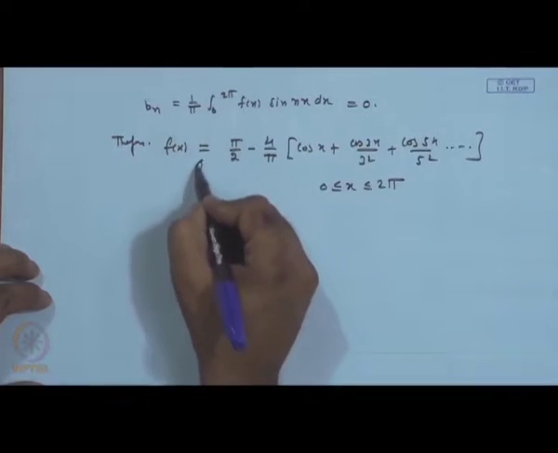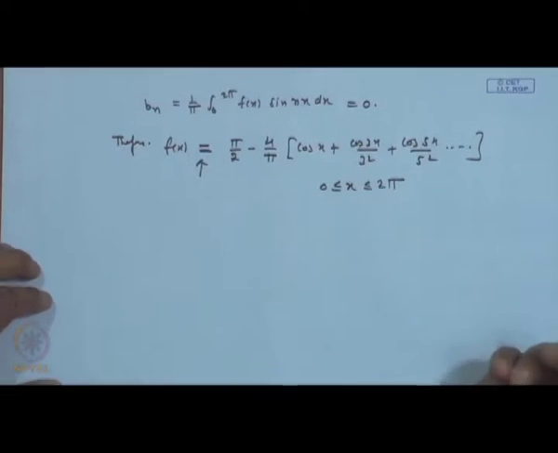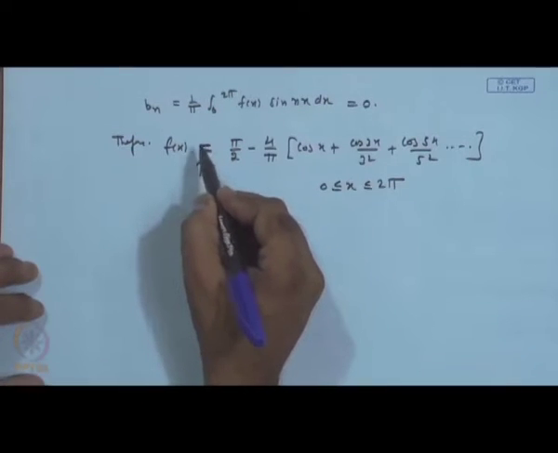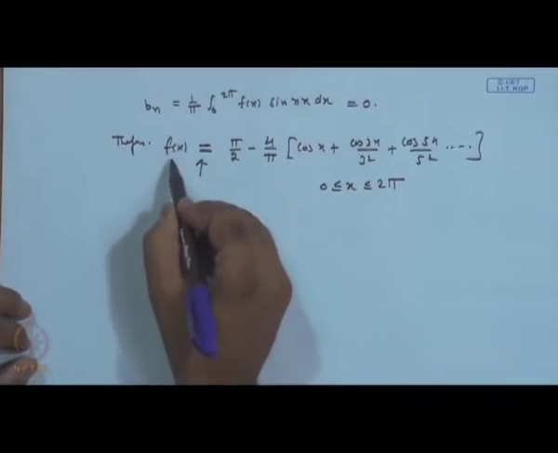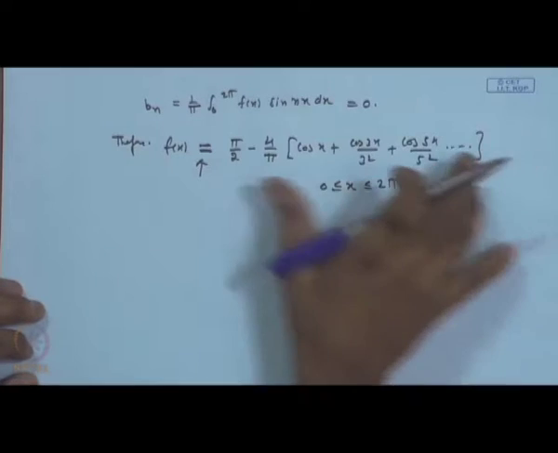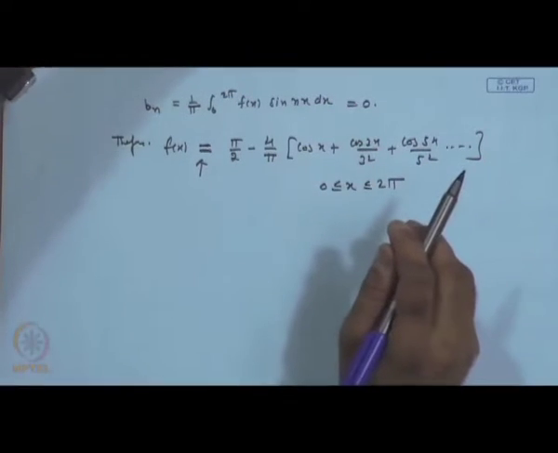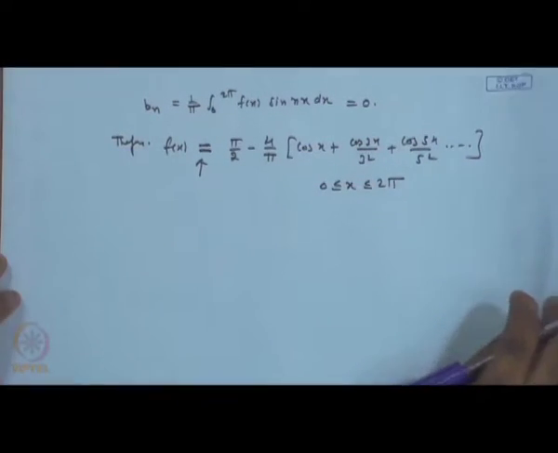And note that we can write this equality because our function is continuous, and if the function is continuous, then this average value is equal to f(x). So, this series converges to the function value f(x).